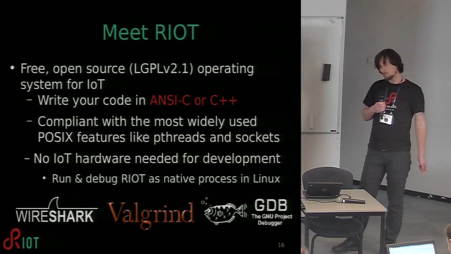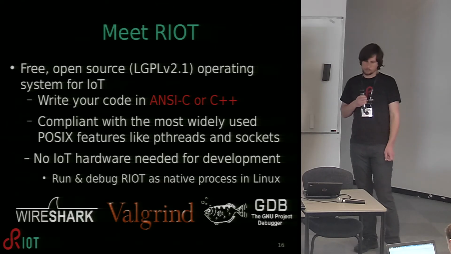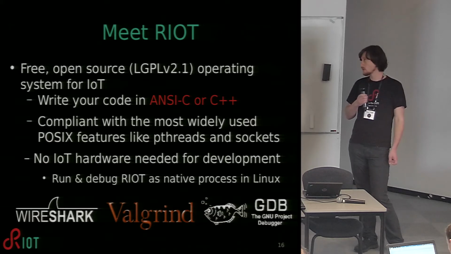It's completely written in ANSI C, plus some minor parts of really hardware-dependent code written in assembler, but the kernel itself is fully written in ANSI C. It's also possible to plug in your C++ libraries or applications on top of this. We try to support as many useful POSIX features as possible, like pthreads and sockets, to make a compatibility layer on top of it.